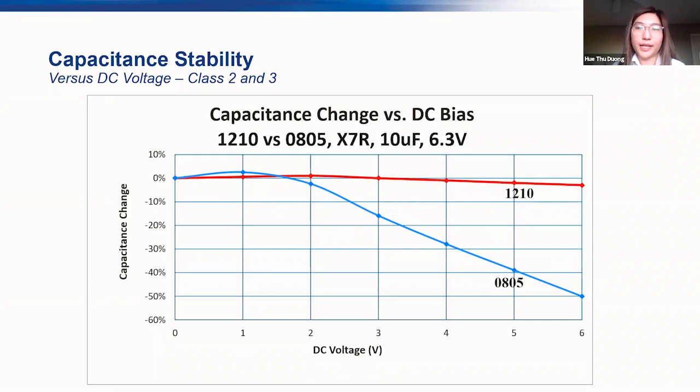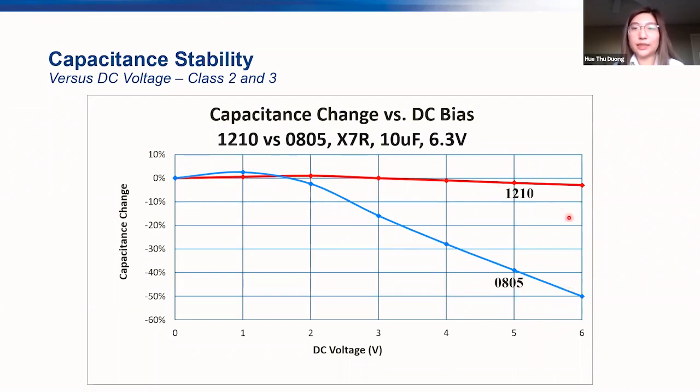This slide compares capacitors with the same specifications except their different case sizes, one being 0805 and the other being 1210. So they have the same capacitance and voltage rating, just a different case size. You can see that the capacitance for the 0805 case size decreases much more than the 1210 case size.